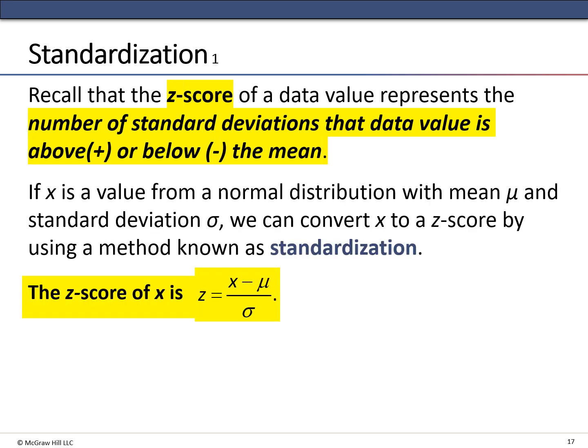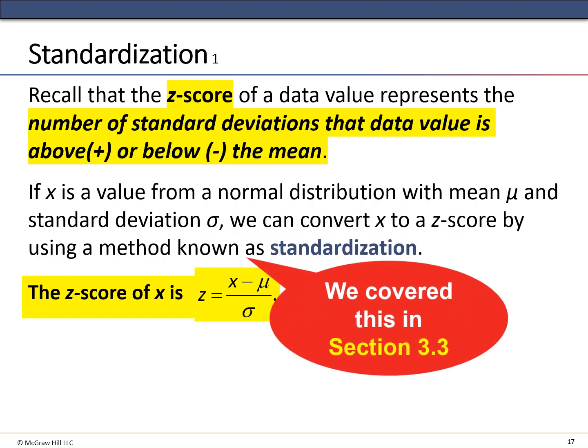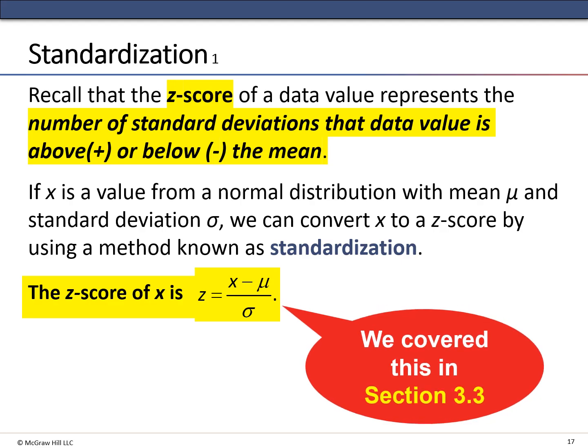Remember, the z-score is the data value that you're looking at, one specific data value, minus the mean, over the standard deviation. When we convert a data point that we observe to a z-score, this is called standardization. If you want some review, we covered this in section 3.3 earlier in the semester.